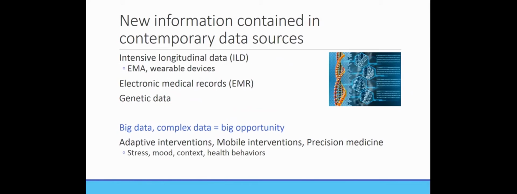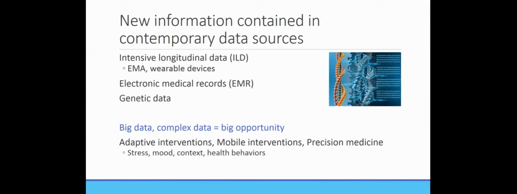ILD, intensive longitudinal data, can come from ecological momentary assessments where you're actually surveying individuals intensively, or it could come through some sort of wearable device that is gathering data more passively. In either scenario, these data are complex, and sometimes we have data coming in at different rates of intensity over time, and it can be very complicated to figure out how to get scientific information from the data.